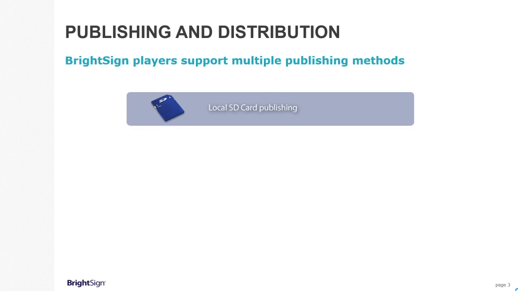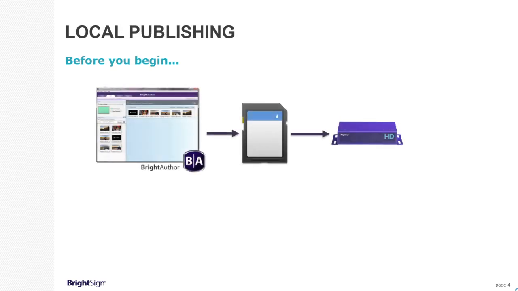And now I'm going to take back something I said earlier. Strictly speaking, if your intention is to publish from BrightAuthor to a card and then put that card in the player, it's not actually necessary to set up the player in advance. The player comes from the factory devoid of any network configuration.